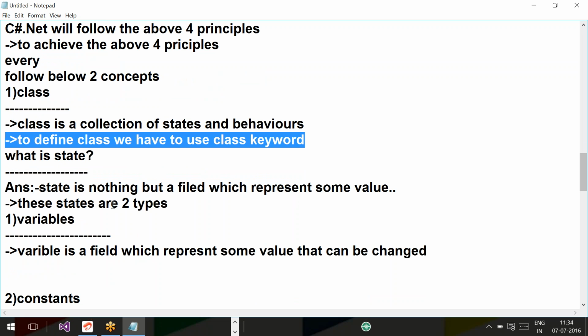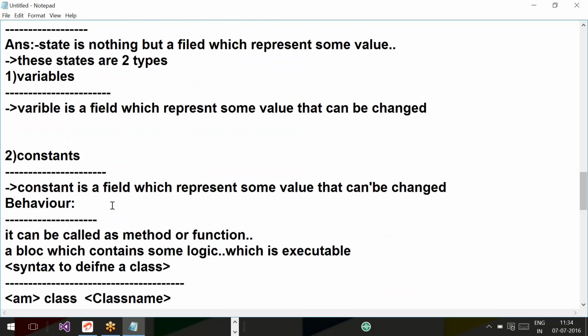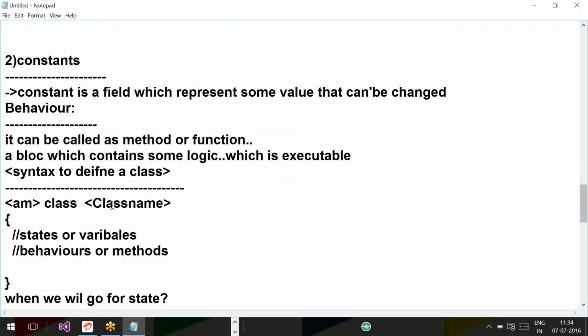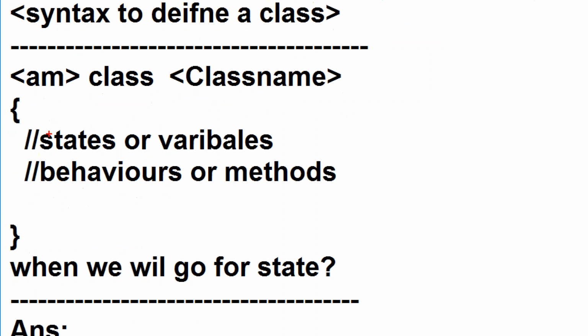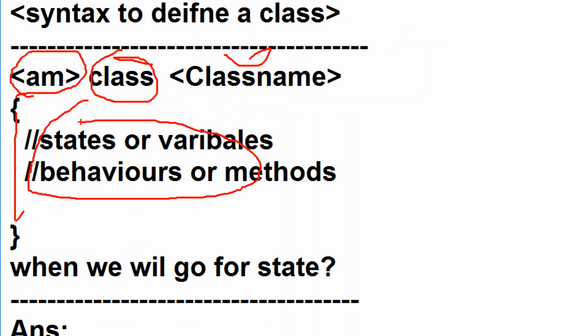State is nothing but variable and behavior is nothing but method. The syntax starts with an access modifier, which can be public, private, protected, like that. This concept will come after 2-3 days. Class is a keyword, followed by the name of the class, and a block which contains states and behaviors.